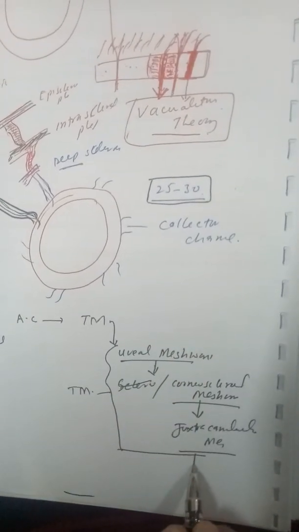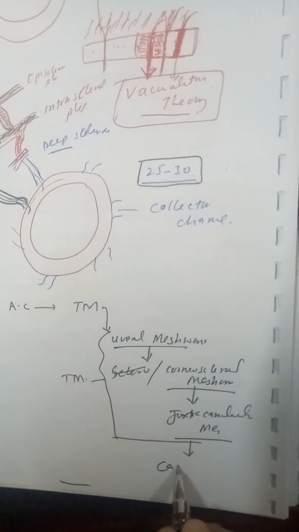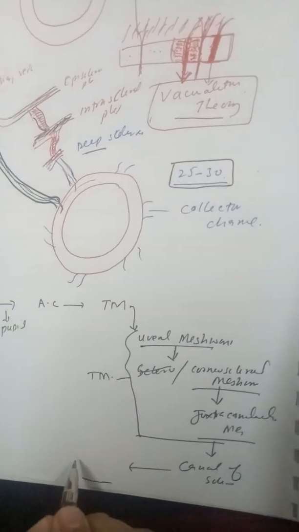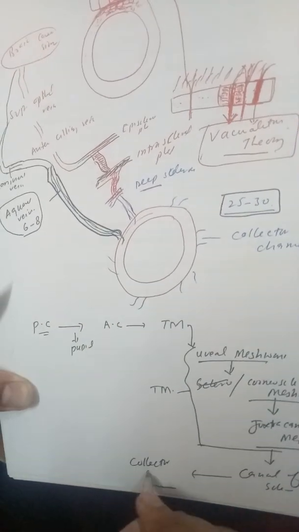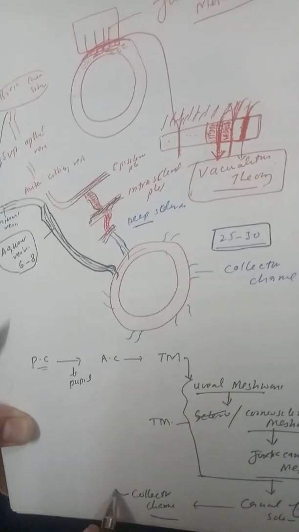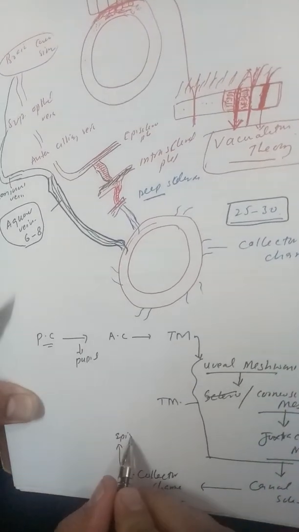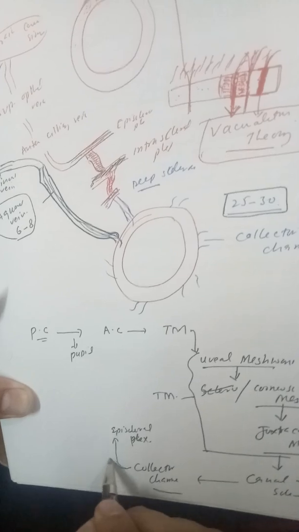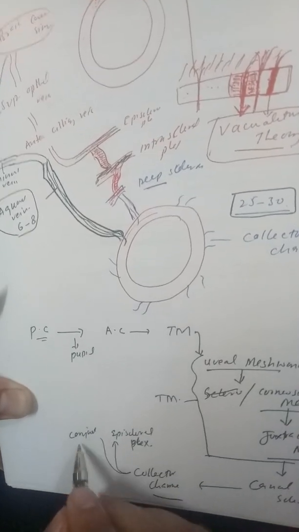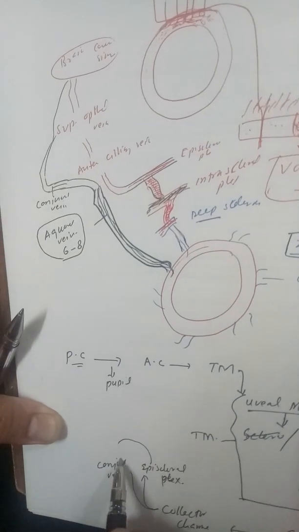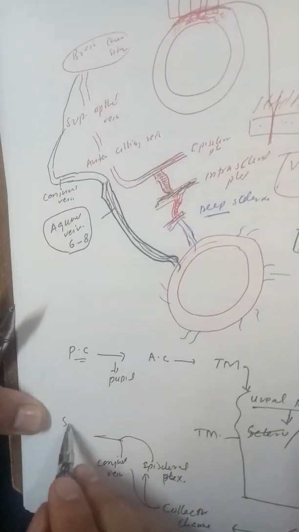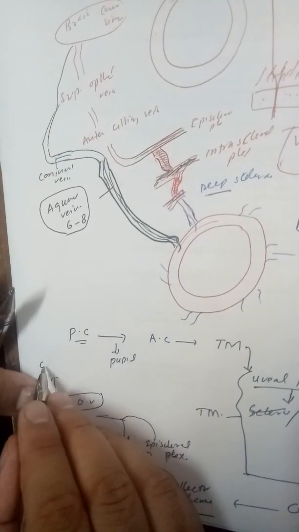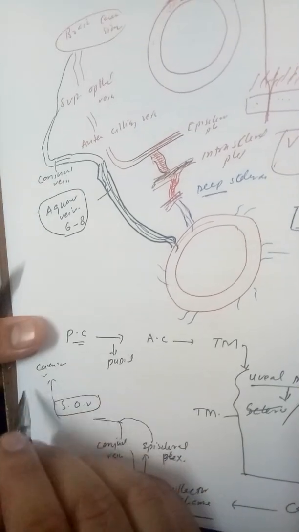So from this juxtacanalicular meshwork it reaches the canal of Schlemm, and from the canal of Schlemm through collector channels it goes to the episcleral vein or episcleral plexus, and some aqueous channels go to the conjunctival vein, and then from these two it reaches the superior ophthalmic vein, and from the superior ophthalmic vein it reaches the cavernous sinus.